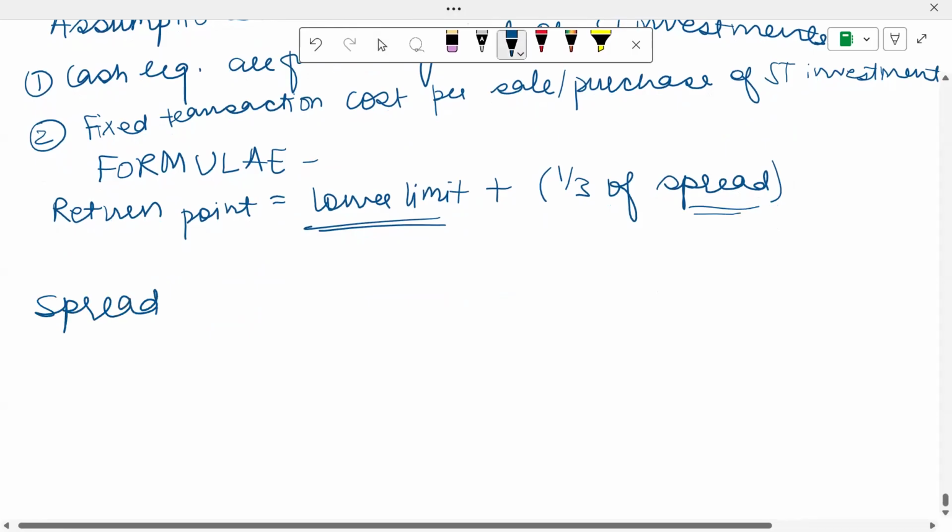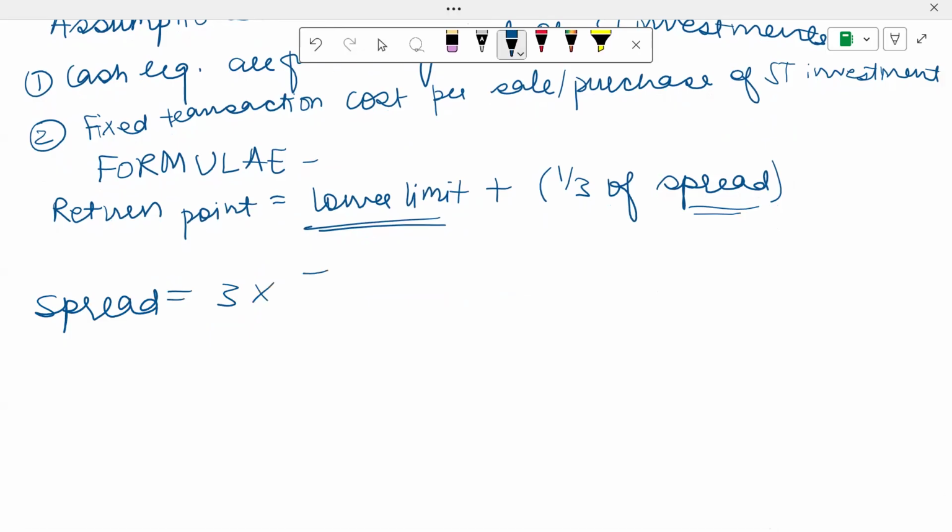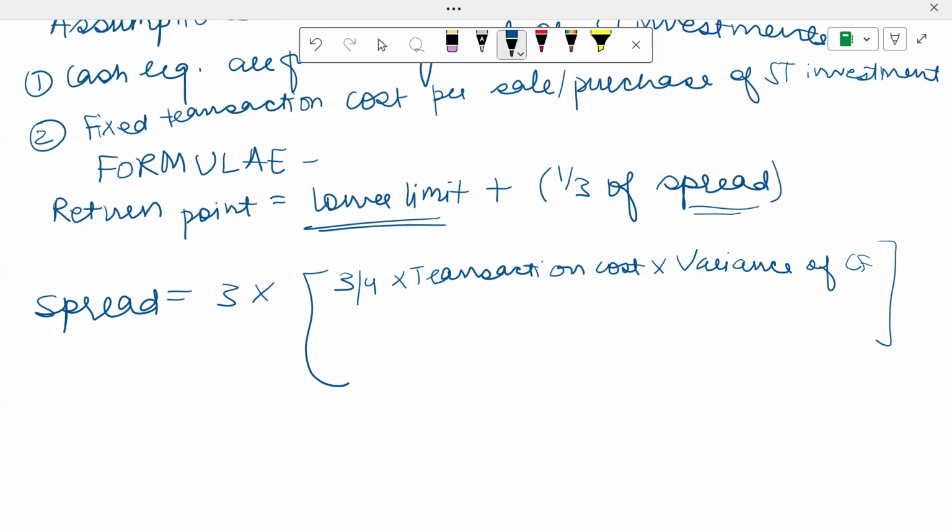So what's the formula for calculating spread? This is 3 multiplied by 3/4 of transaction cost, multiplied by the variance of cash flows, that is, how much the cash flows of the business are varying, divided by the daily interest rate.